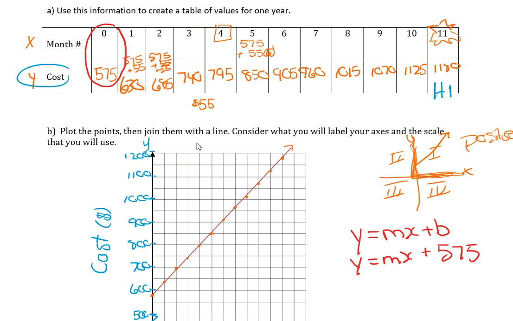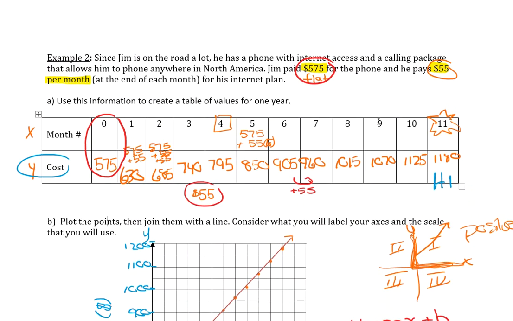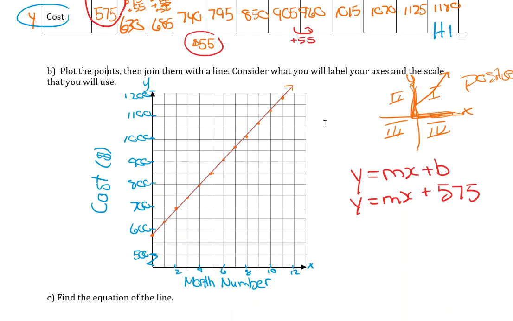The first differences are the number that we increase by every time. So we increase by 55 every time. And also you can tell the slope is 55 by looking at the question. It says he pays 55 per month. So that's telling me for every 1 month it's going to increase by 55. It's an increase. So my slope is 55.